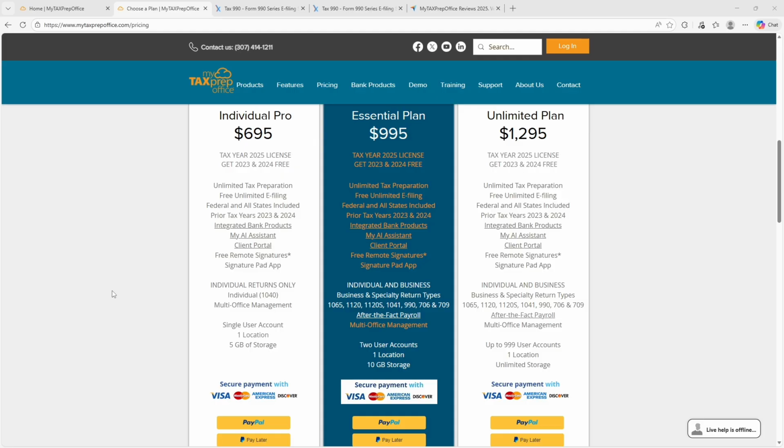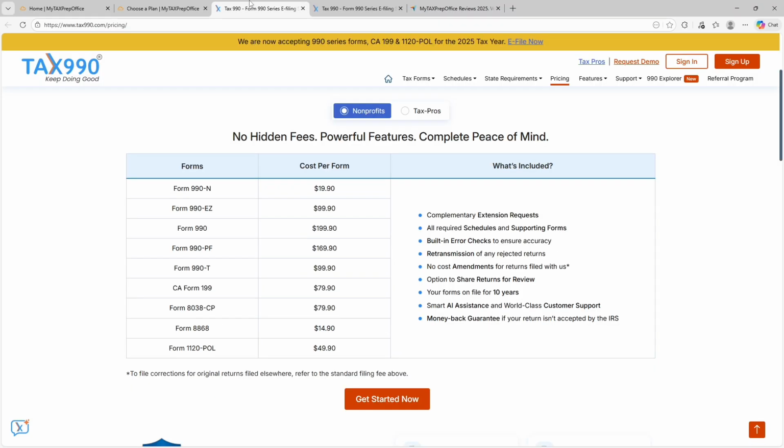However, the upfront cost can feel expensive for solo preparers or seasonal filers who may not fully utilize the unlimited structure. In comparison, Tax990 uses a pay-per-form pricing model focused specifically on non-profit and compliance filings. Pricing varies by form type, with Form 990N priced around $19.90, Form 990EZ at $99.90, Form 990 at $199.90, and discounted rates available when filing 5 or more returns using prepaid credits.